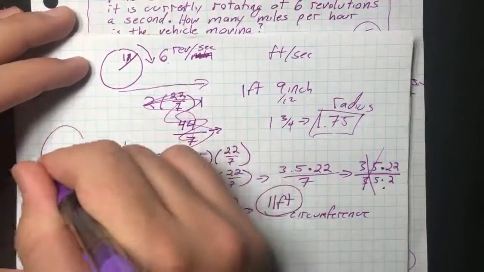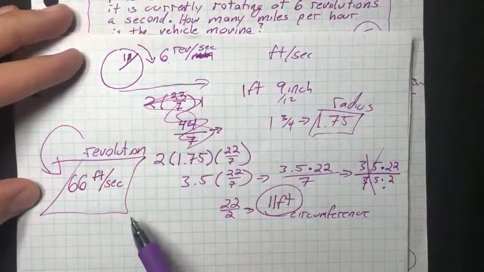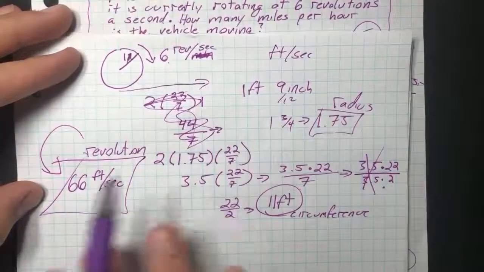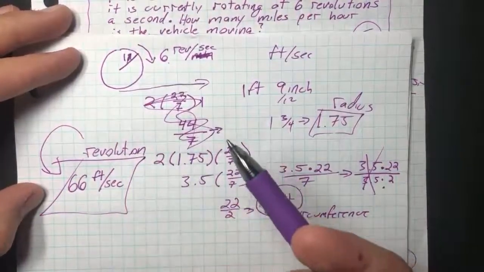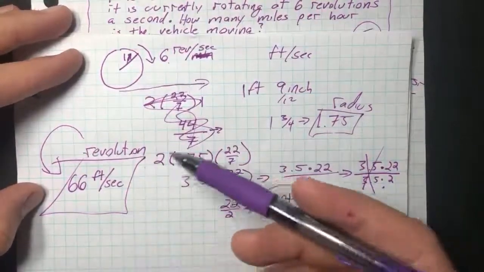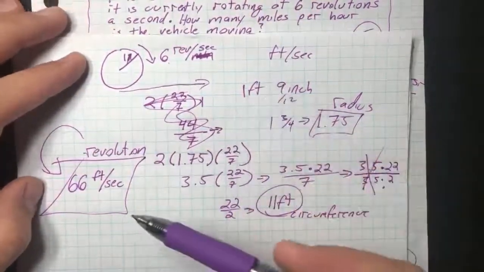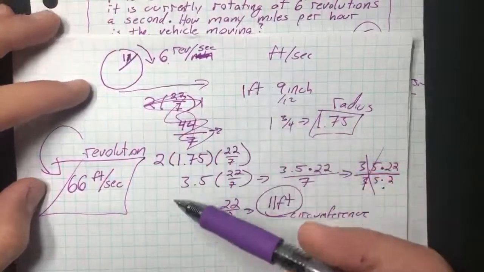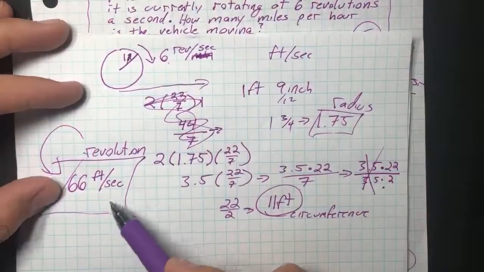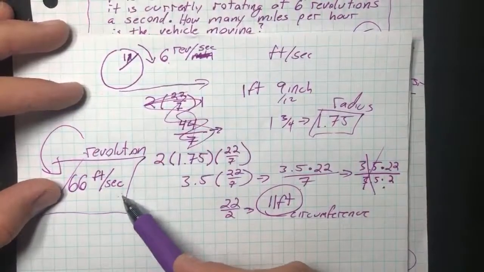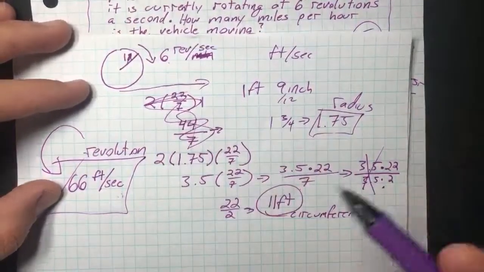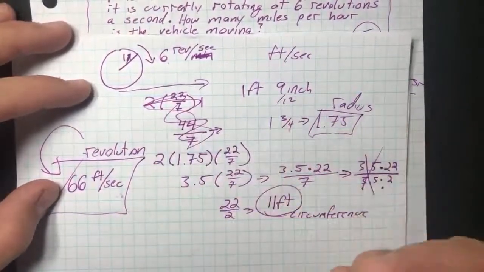If you can get to this number, you're good with revolution problems. If you can't, you probably need to watch my revolution video or go back to other live streams. I think in the summer we were doing a lot of these. If you got this number but didn't get the right answer, then you have a conversion issue.